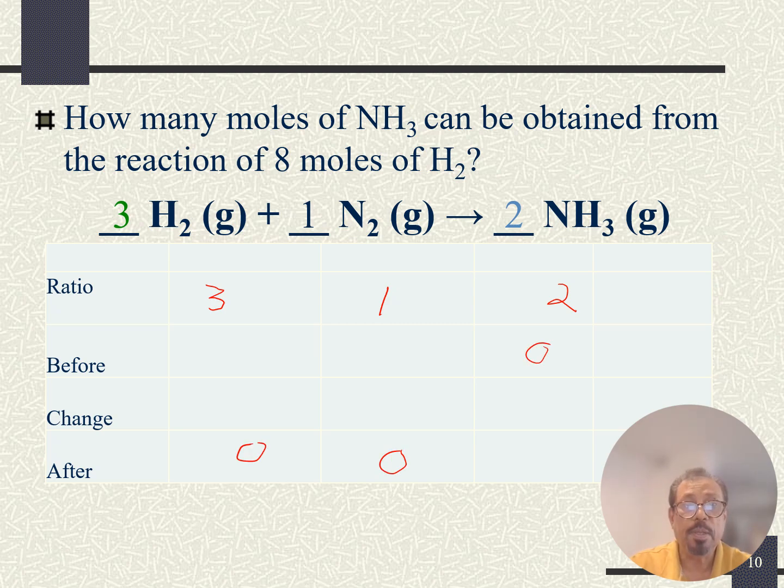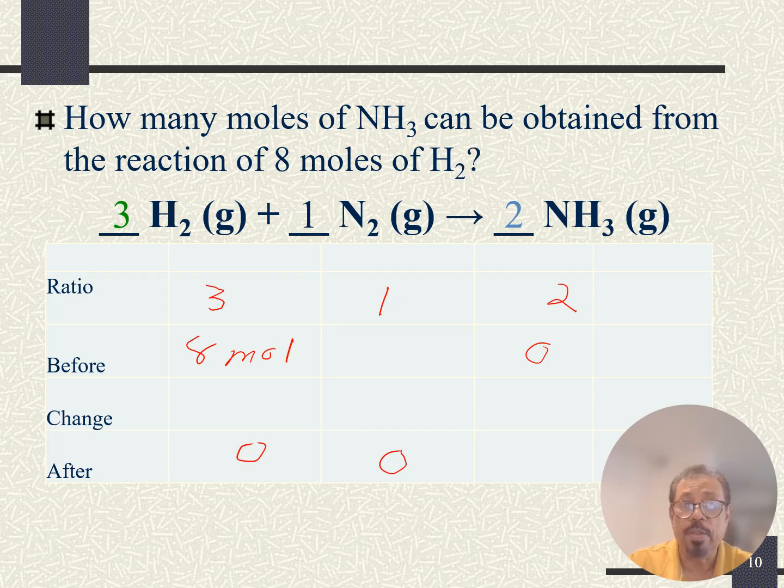So we start: how many moles of nitrogen are obtained from the reaction of 8 moles of hydrogen? We have 8 moles of hydrogen. Now we can see here we have 3, and the ratio is 3 to 1, so it is 3 times.